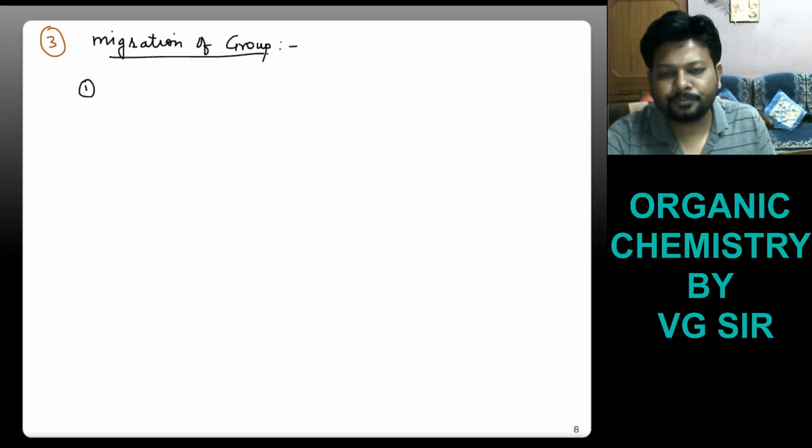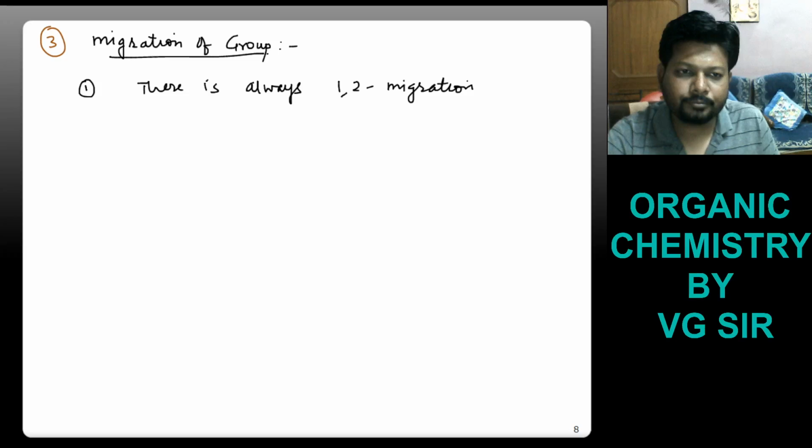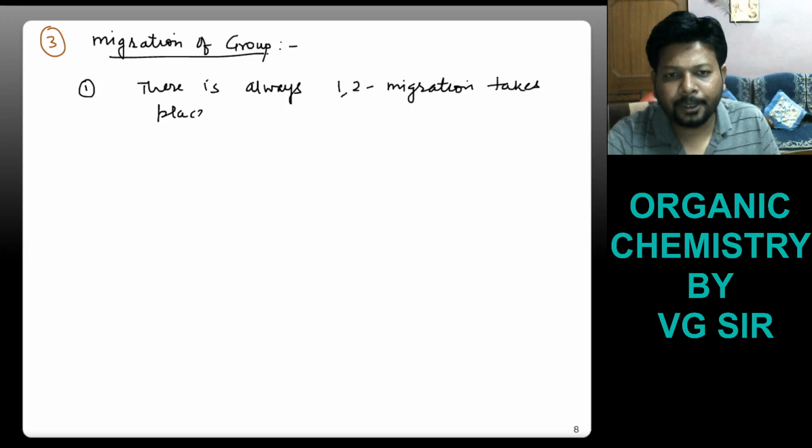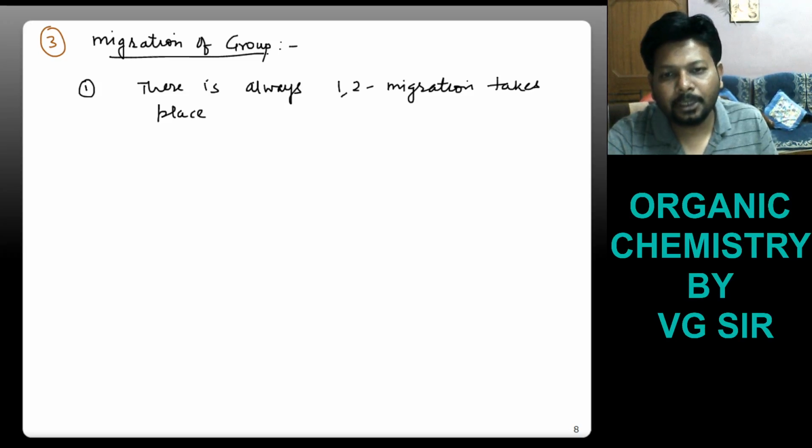First, there is always 1-2 migration that takes place, that is, the migration will always be of 1-2 type, only between the neighbor carbons. So there will always be 1-2 migration.